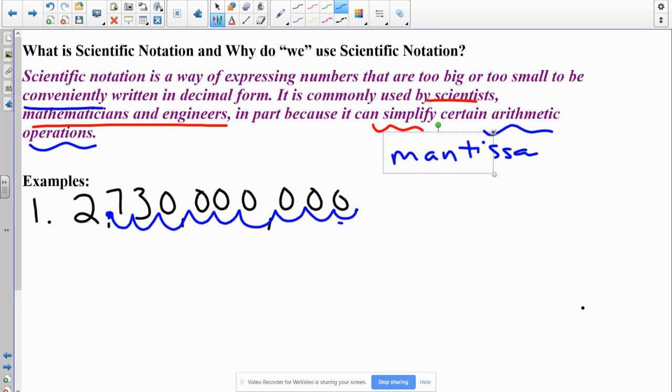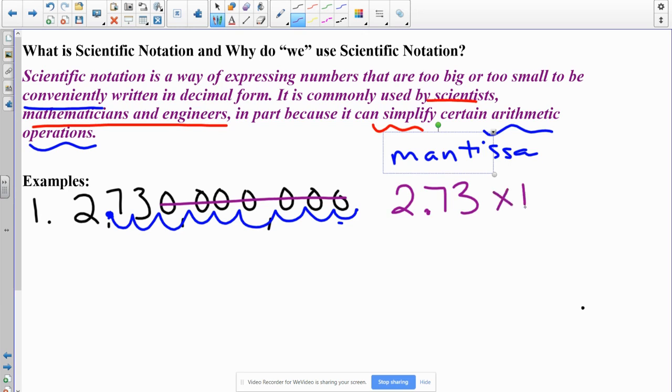So this mantissa in this problem is going to become 2.73. And notice I dropped all these zeros. They matter, but when we write this, remember, we're trying to write it more conveniently, more easily. So we're going to drop all those zeros because it's easier to see 2.73.